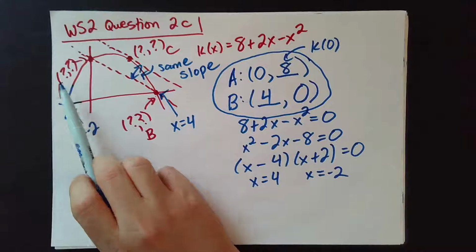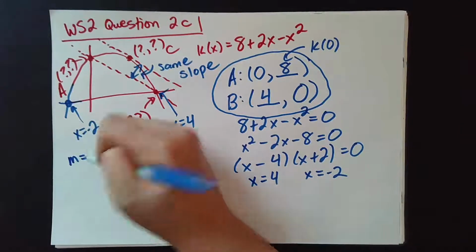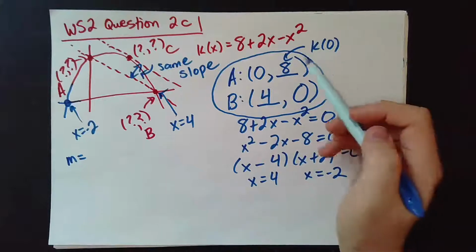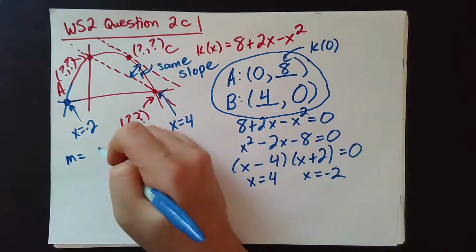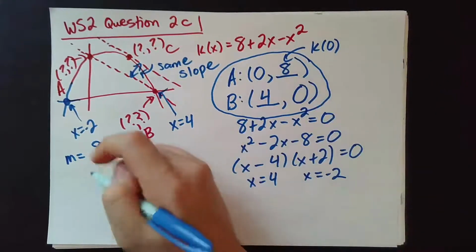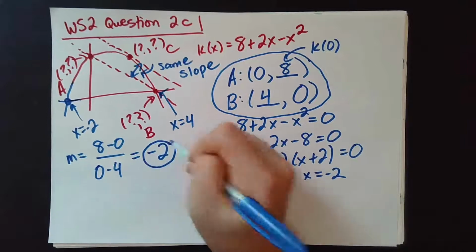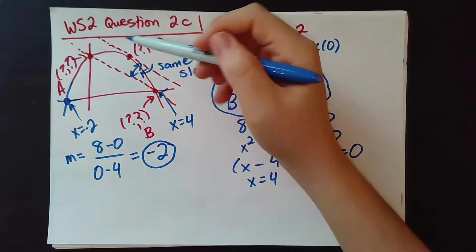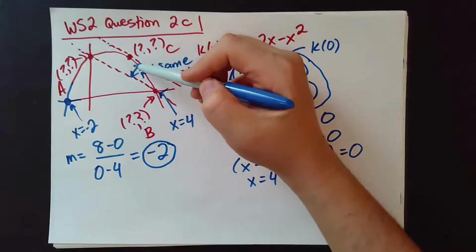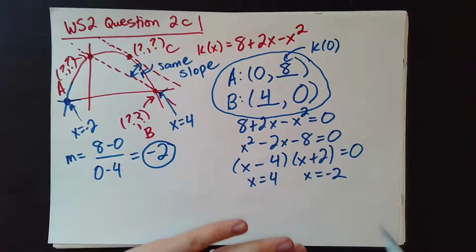Okay. What is that slope? Well, because I know point A and point B, I can figure out what that slope is. Namely, that slope is 8 minus 0 divided by 0 minus 4. So this common slope that both of these lines have is minus 2. Okay.